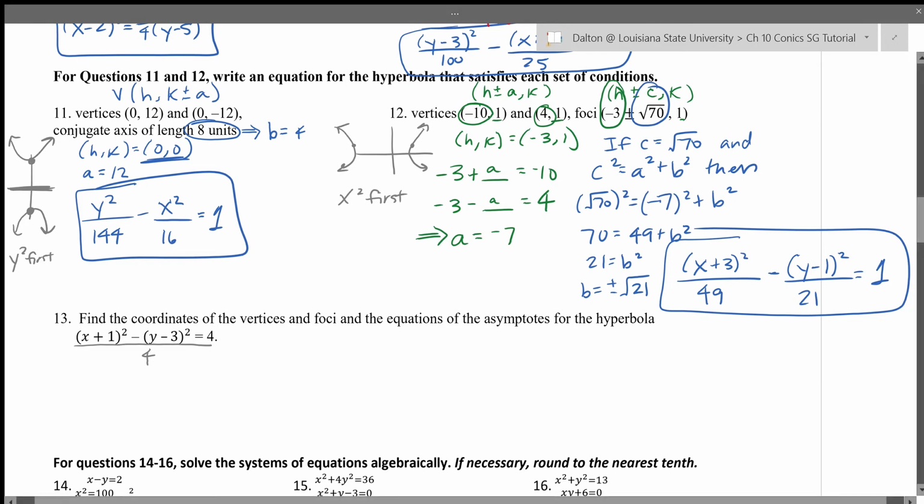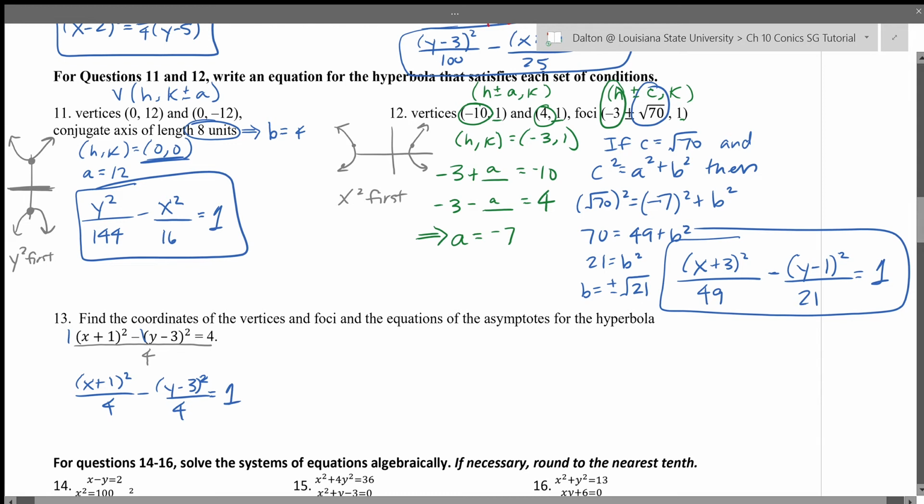So in order for that to happen, I need to go ahead and divide everything by 4. So when I do that, my coefficients of these are just 1, so it won't simplify. So we're literally going to have x plus 1 squared over 4 minus y minus 3 squared over 4 is equal to 1. Okay, so there's the equation of my hyperbola.